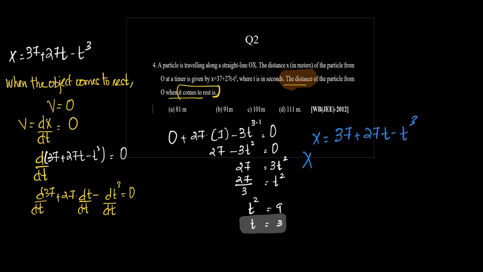So we need to find out x at t is equal to 3, which is 37 plus 27 into 3 minus 3 cube, which is equal to 37 plus 81 minus 27.